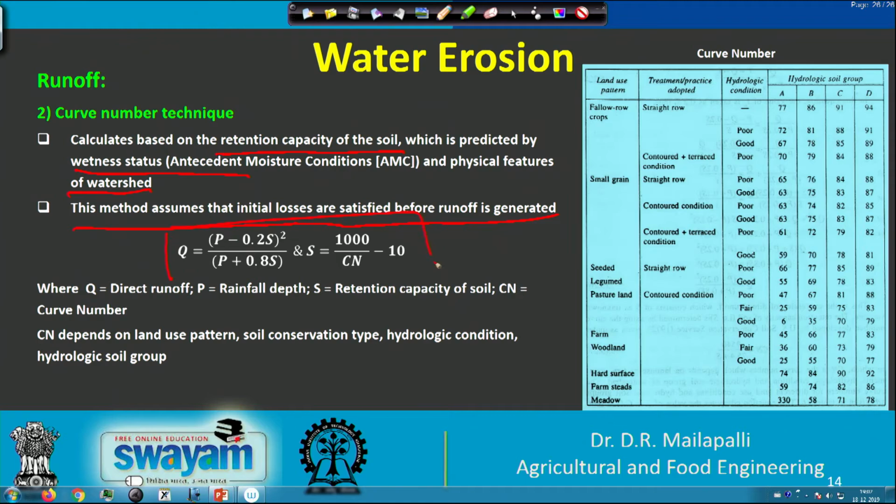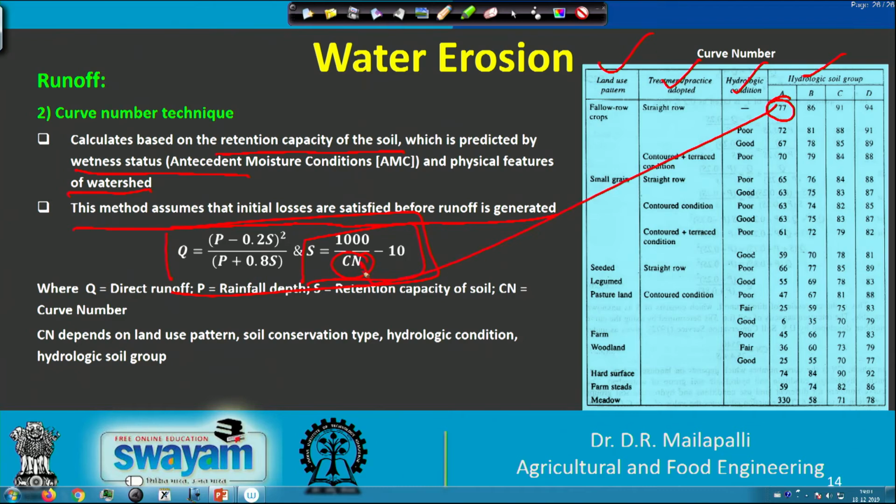The main formula here is Q = (P - 0.2S)^2 / (P + 0.8S), where S = 1000/CN - 10. Based on the land use pattern and treatment or practice adopted, hydrologic condition and soil hydrologic group, you get the particular CN number.